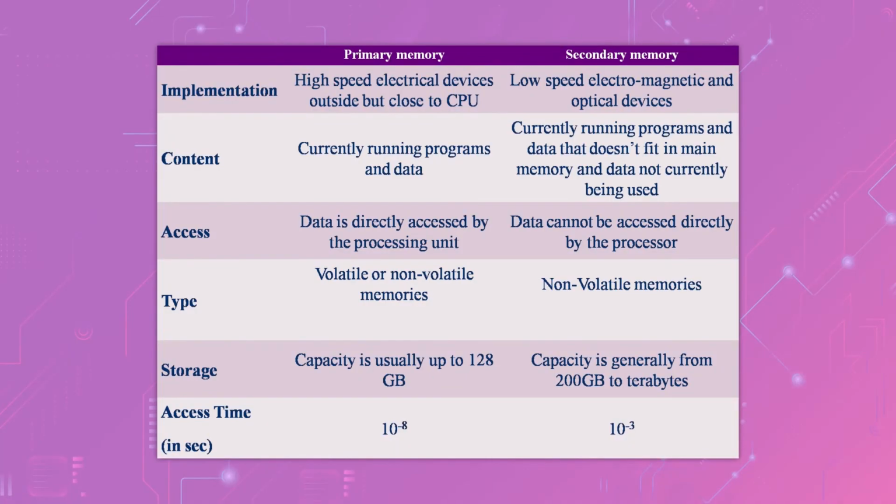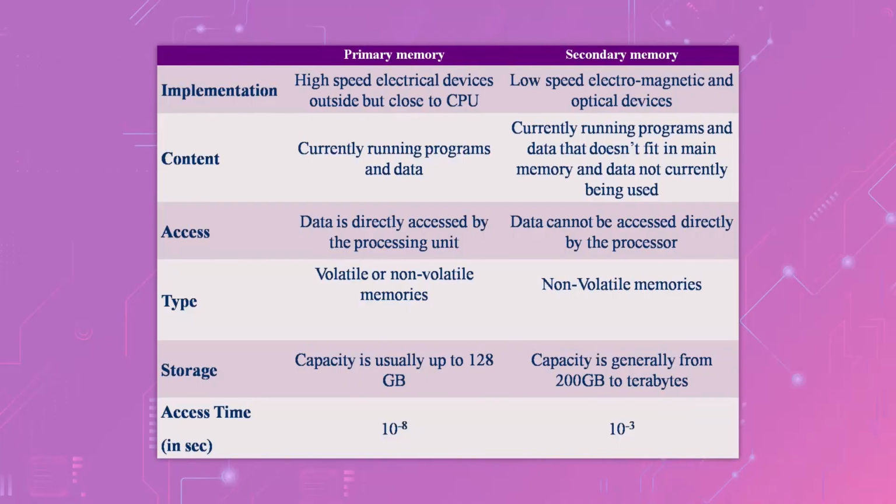In that case, the current running program and data that does not fit in the main memory is stored on the secondary device. And here we have the concept of fetching the information from the secondary device to the main memory, and this process will be repeated based on the amount of data required for the processing. There we have the access mechanism, which we call the slow side, for the secondary memory.